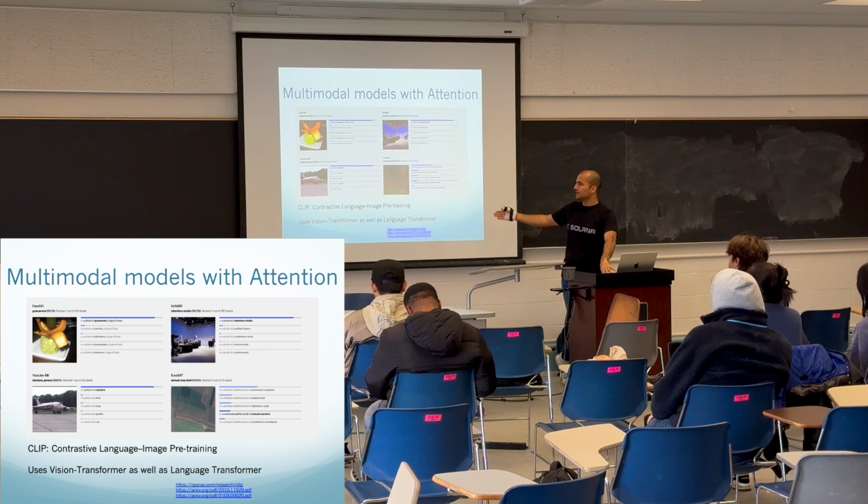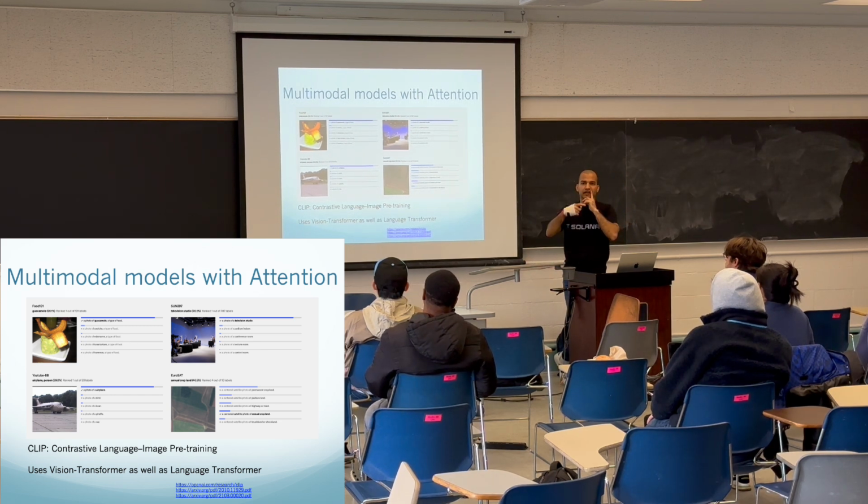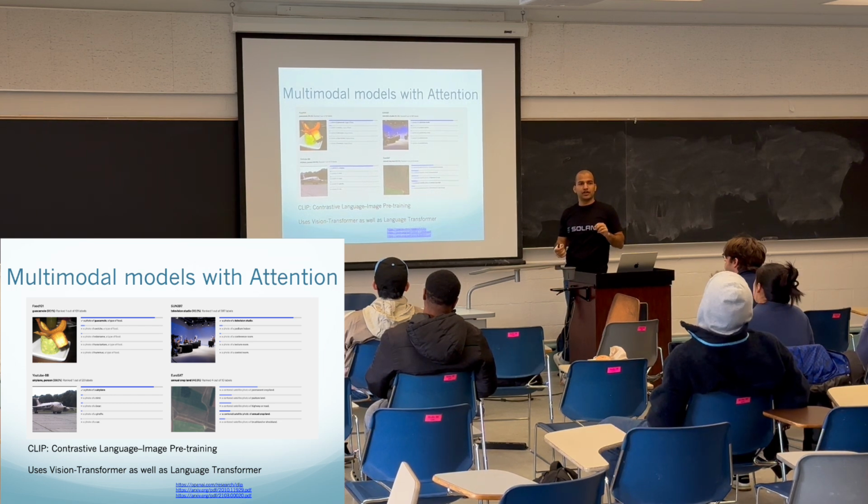Yeah, the CLIP model, we talked about it previously, uses vision transformer. So the transformer is used in vision as well. And how you can use transformers in vision is you take random patches in the image and attend one patch to the other patch to make long range connections.